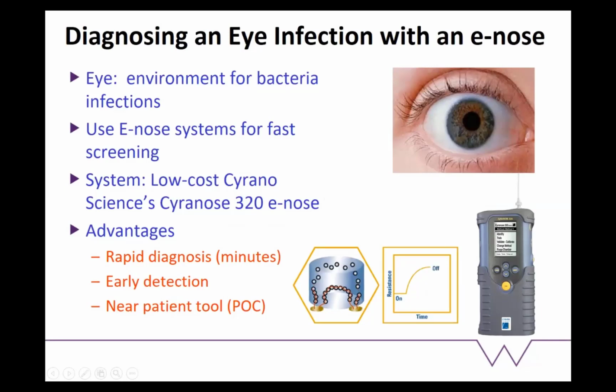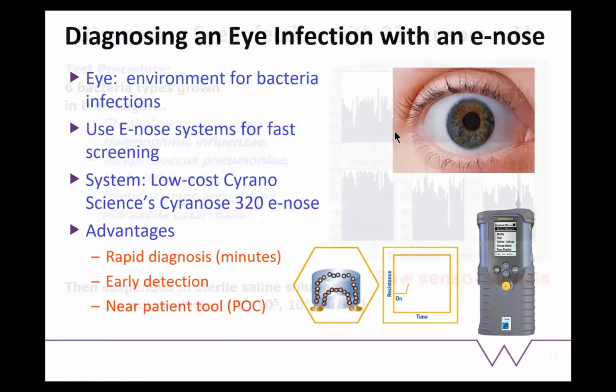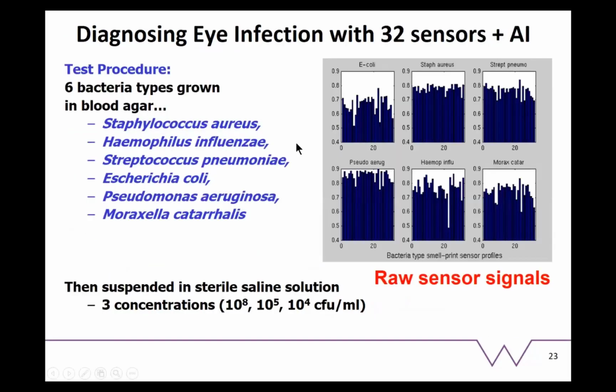We did it with a handheld unit, with a local doctor, and we were able to then apply this technique. Here's the raw data you can see here for different bacteria that we've got in our database: E. coli, Staphylococcus aureus, Streptococcus, Pseudomonas aeruginosa, influenza, and so on. So these are all well-known bacteria, and we grew them at certain concentrations to see how sensitive we were.